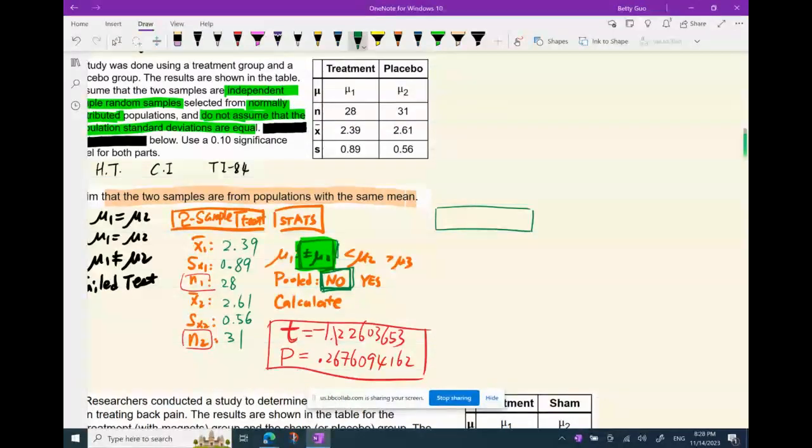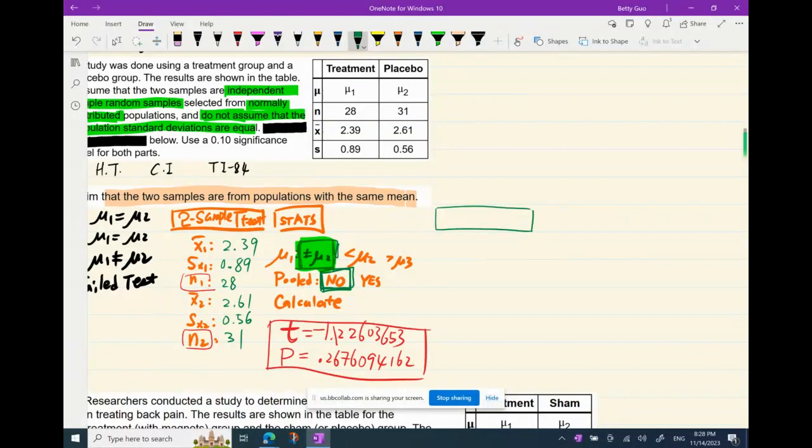Let's go to STAT and TESTS again. Two samples, right? And it's a t test, so it's going to be the t interval. Two sample t interval. Yeah, it has to be that one.